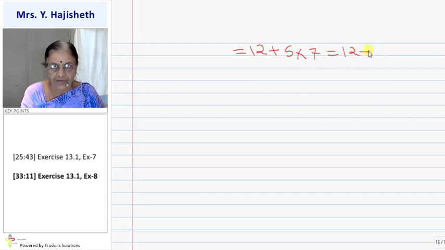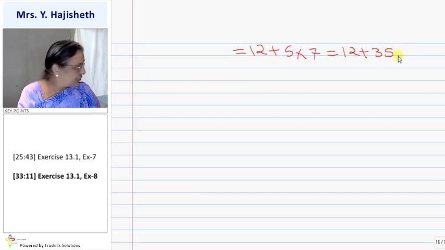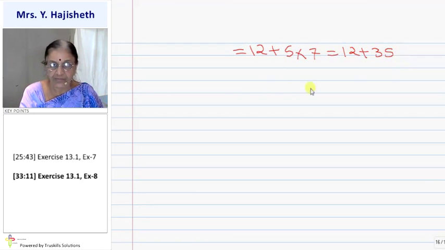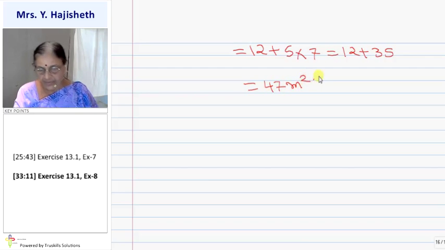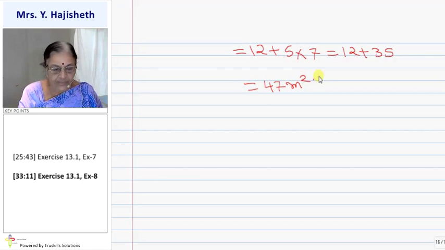So it is 12 plus 35. So it is 47 meter square. That much tarpaulin we require to make the shelter of a car. Okay.